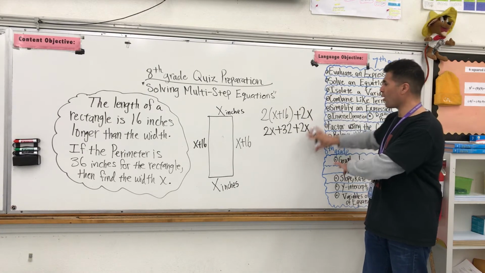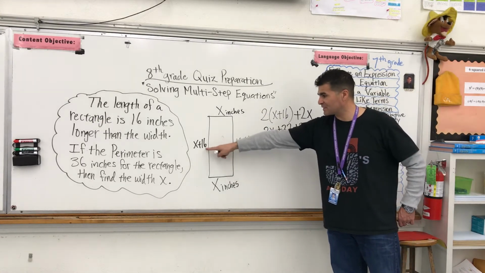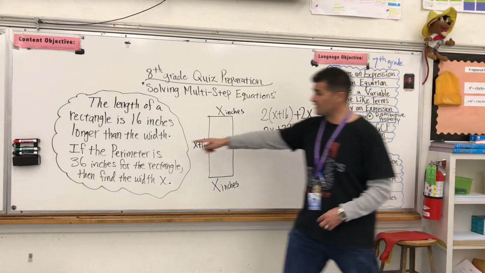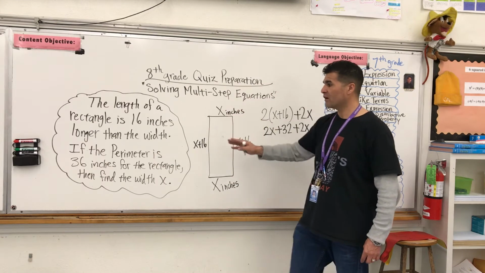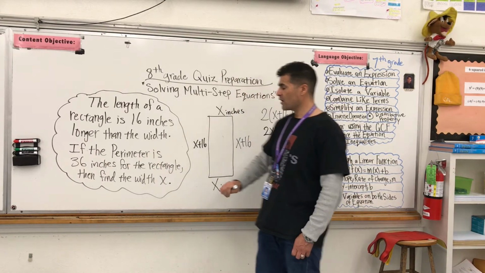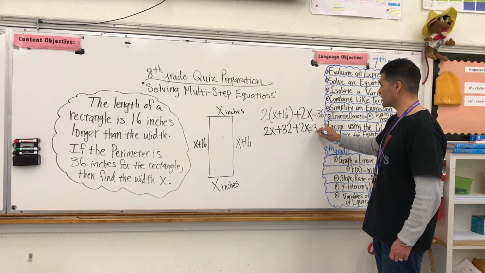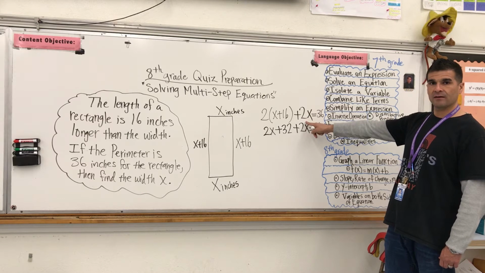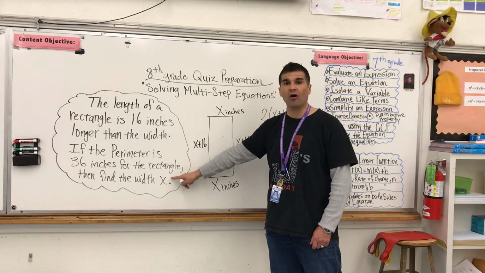If you add up this side plus this side plus this side plus this side, those four sides, this is the perimeter. And the perimeter of this rectangle is 36 inches, so I'll put that this is equal to 36. This is the equation you can use in order to find the width, which we're going to call x.